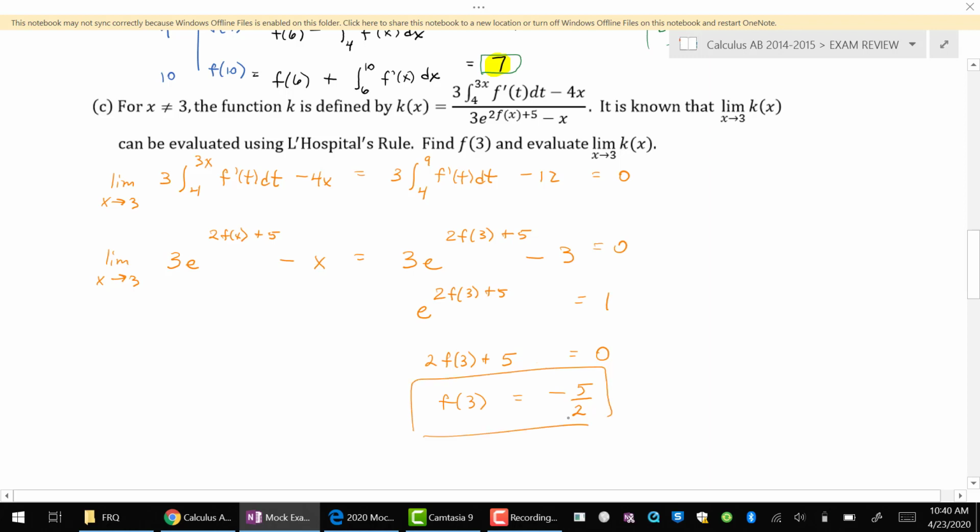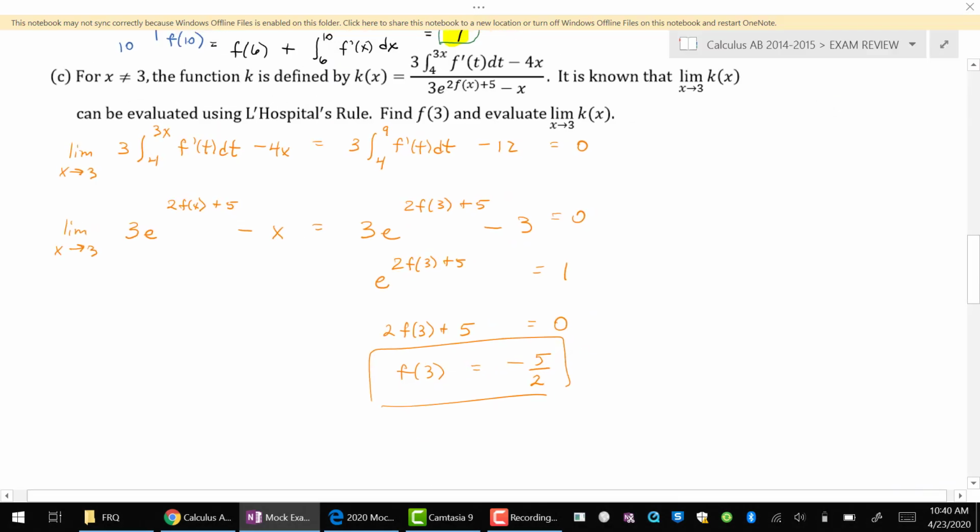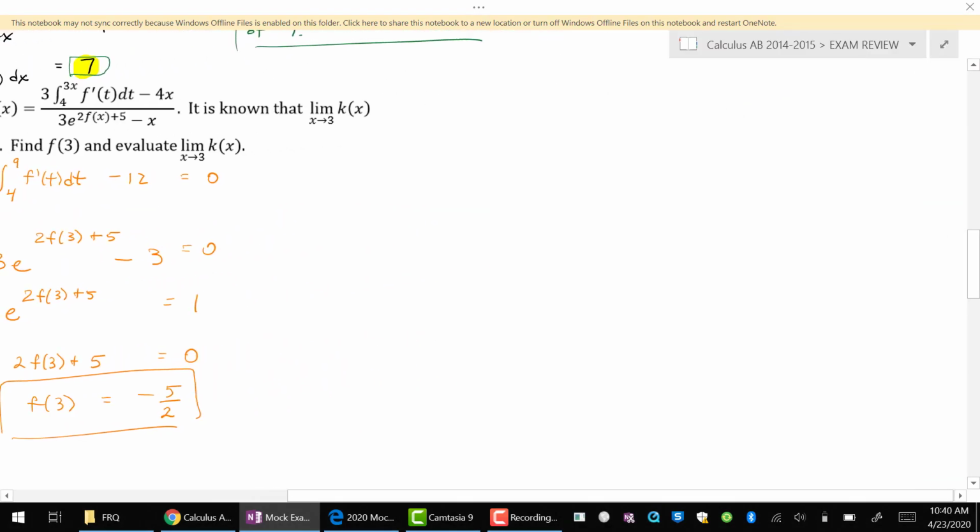And then it says to find the limit as x approaches 3 of k. So then I'm going to actually use L'Hopital's rule to find that limit value. I'll slide over here to do that. Here we go. Limit as x approaches 3 of k of x can be equal to the derivative of the numerator, which is going to be a 3, and then here's second FTC.